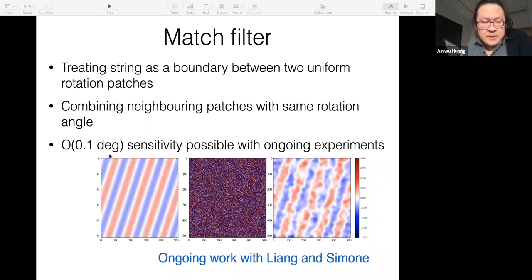Here is a test that we did, which I'm showing you in this figure. On the left-hand side is the truth information. The white is where the string is, and the red and blue colors correspond to polarization rotation in one direction or the other. Here we place a bunch of strings in parallel with one another, which gives you this pattern. The second plot is what happens when you apply this pattern on a noisy CMB map.